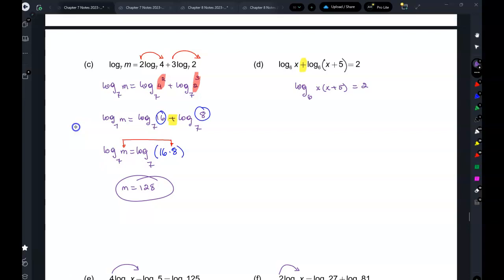When you have a log equal to a number, what is the answer to a logarithm always? An exponent. So you say, okay, this number 2 is an exponent. Every exponent needs a base. What's the base? 6. So x times x plus 5 is equal to 6 squared.